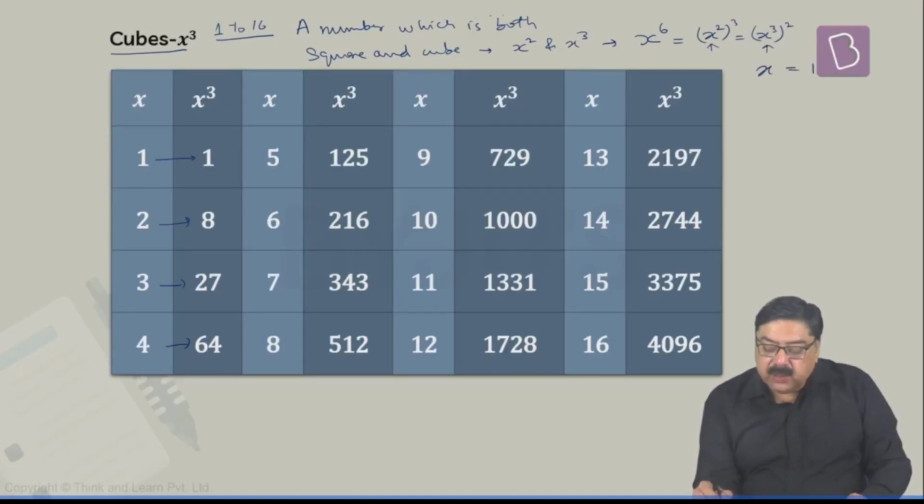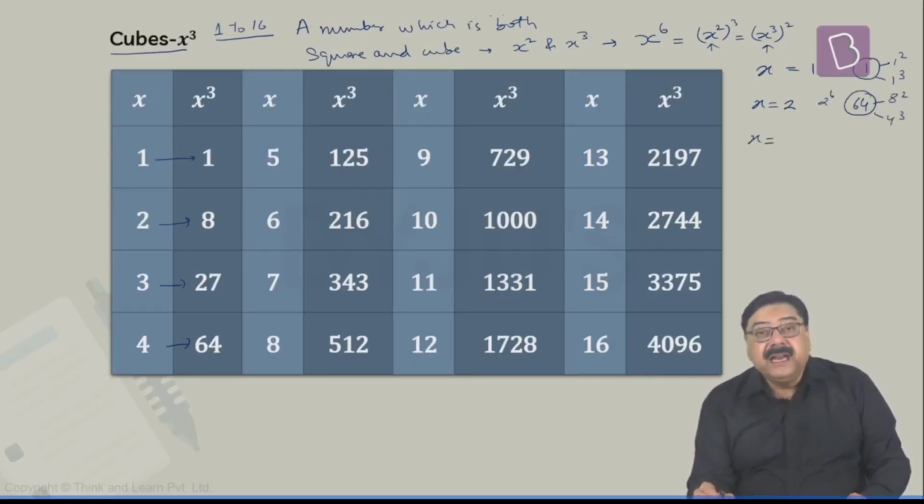When x is equal to 1, you get the value as 1. So 1 is a number which is square of 1 and cube of 1. When you put the value of x as 2, 2 raised to 6 is 64. Now 64 is 8 square and 4 cube. When you put x as 3, you get 3 to the power 6, which is 729.